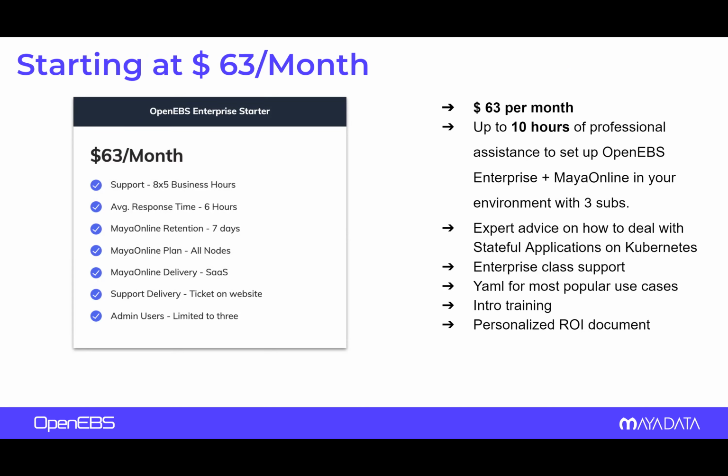You'll also get a personalized return on investment document to show you all the savings in terms of storage consumption, especially on public cloud, that you can get by running OpenEBS Enterprise in your environment.